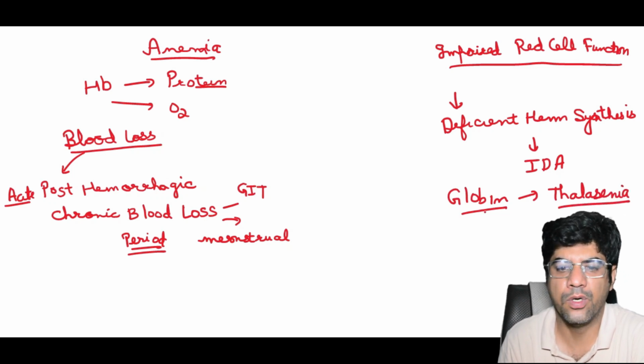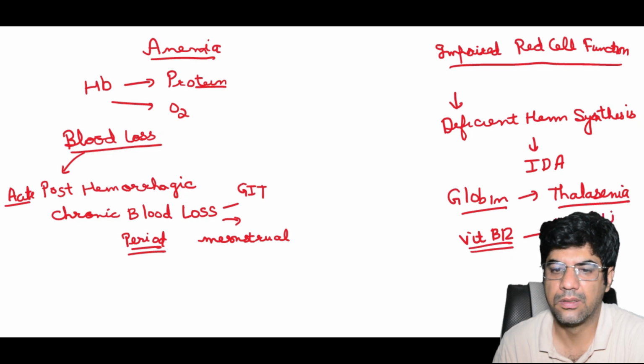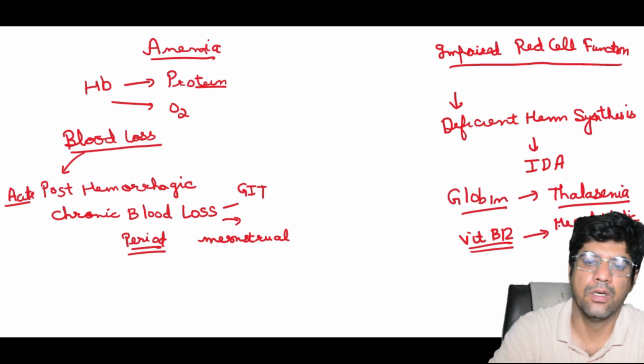Now there could be a nuclear maturation defect, like vitamin B12 or folic acid deficiency, that can cause megaloblastic anemia.